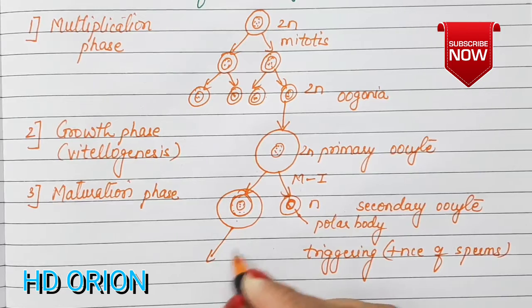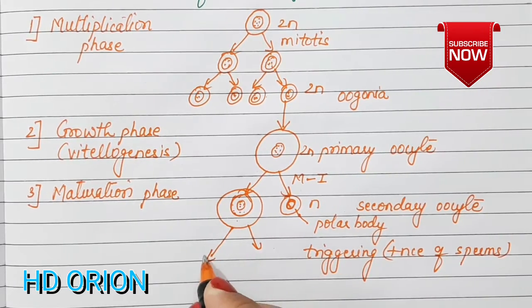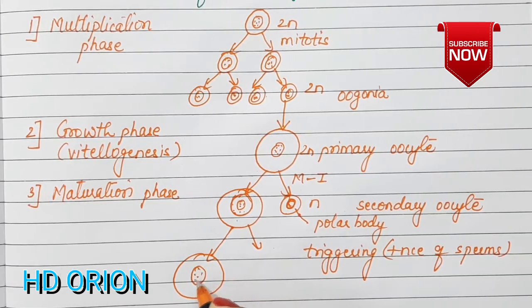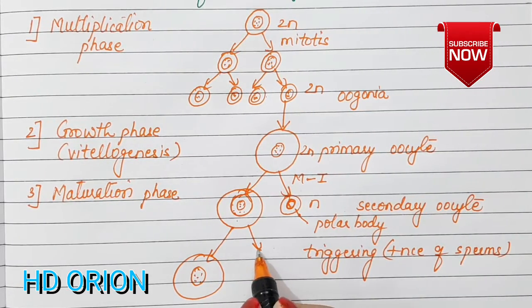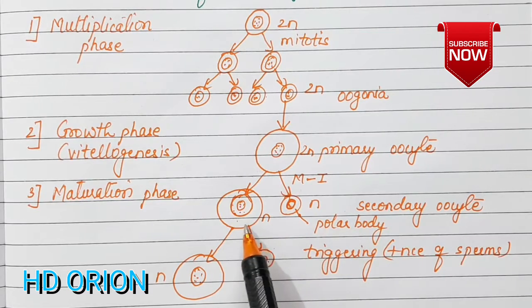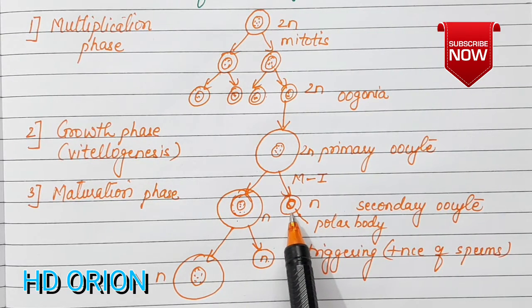Now we know that only one ovum is formed, so this will be the ovum, which again has enough cytoplasm, and another small body which will be the polar body. This is haploid, and this is also haploid, but the cytokinesis is not equal, and therefore one is very small, which is called the polar body.